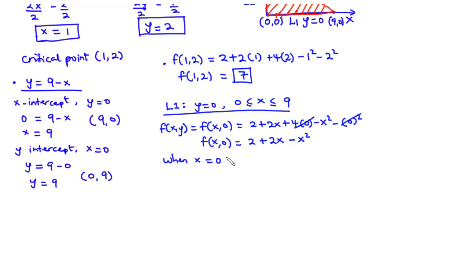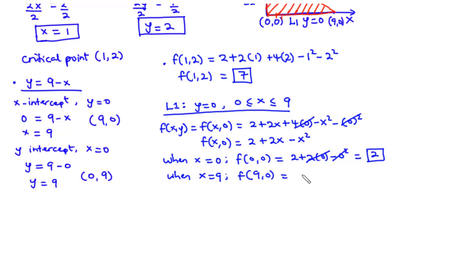When x is equal to 0, f(0, 0) is 2 plus 2 times 0 minus 0 squared, which is 2. Again, when x is equal to 9, f(9, 0) is 2 plus 2 times 9 minus 9 squared. 2 times 9 is 18, plus 2 is 20, and 9 squared is 81. Therefore 20 minus 81 is negative 61.